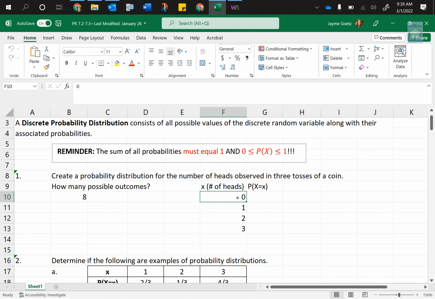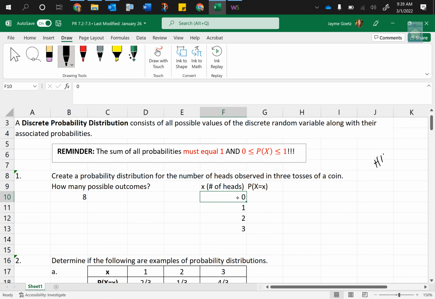What I'm talking about is we had heads, heads, heads; heads, heads, tails; heads, tails, heads; heads, tails, tails; tails, heads, heads; tails, heads, tails; tails, tails, heads; and tails, tails, tails, right? That was my sample space.